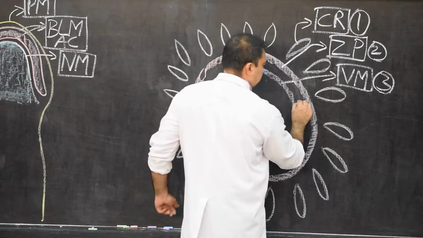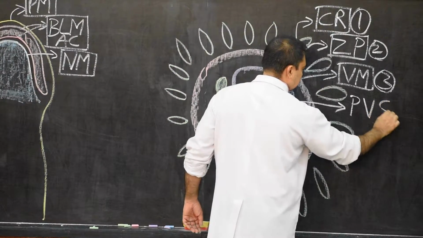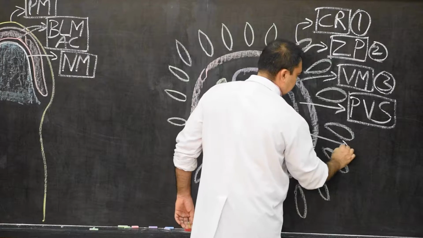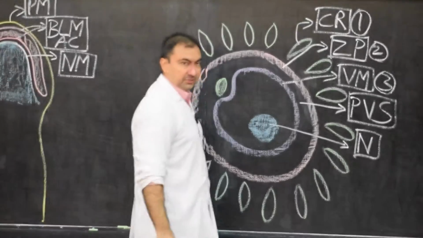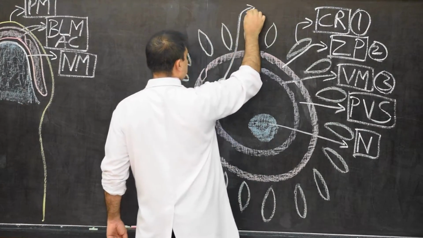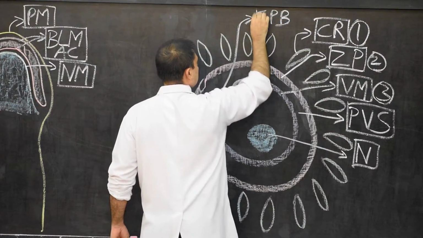Fourth structure, in between the zona pellucida and vitelline membrane, is the perivitelline space. Here you mark the nucleus of the secondary oocyte. And this structure over here, please mark as the first polar body.